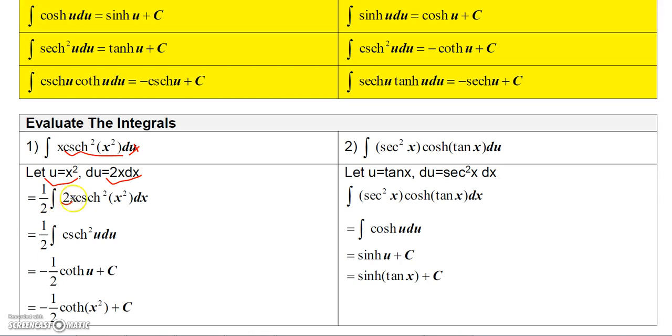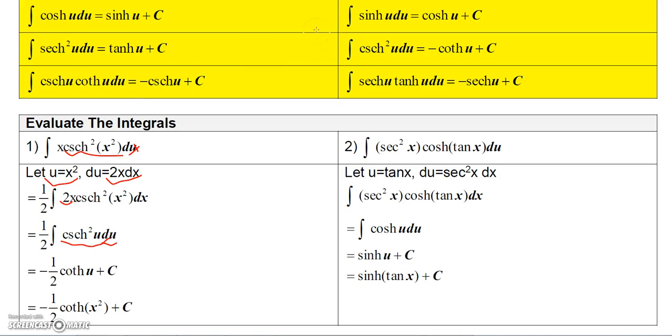That way I have 2x dx, and that is my du. Now, by multiplying the inside by 2, I had to multiply the outside by a half, so that's where the half came from. Okay, so now the 2x dx is the du, but now this hyperbolic cosine squared of x squared is hyperbolic cosine squared of u.